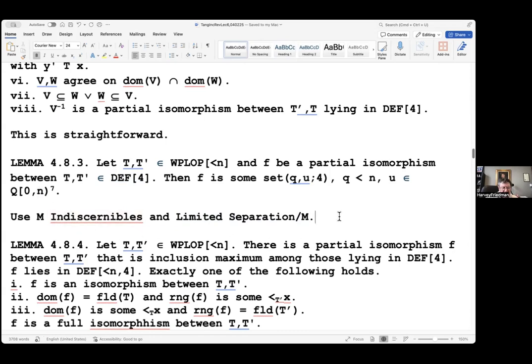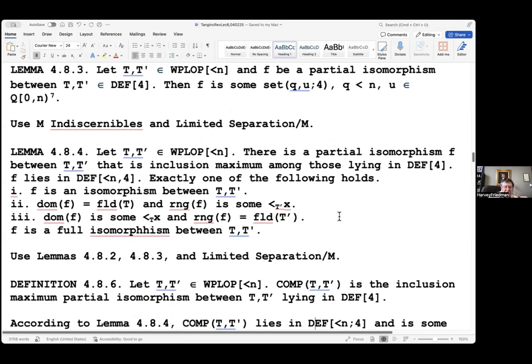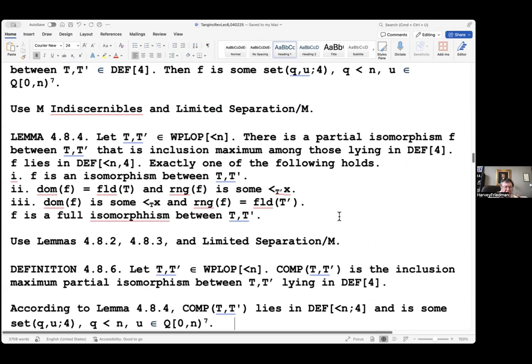All right. Next is what we're aiming for in terms of comparability of these W plops. There's a partial isomorphism that's inclusion maximum among those lying in def4. It in fact lies in def less than n4. And exactly one of the following holds.